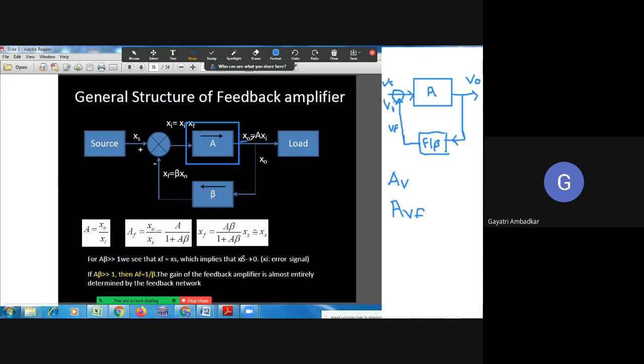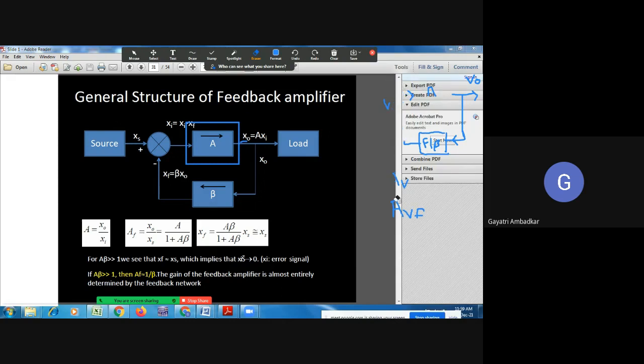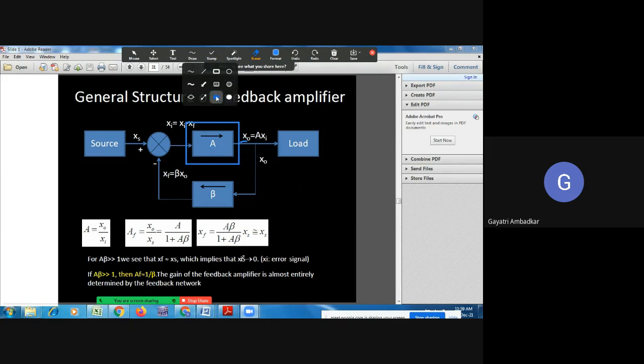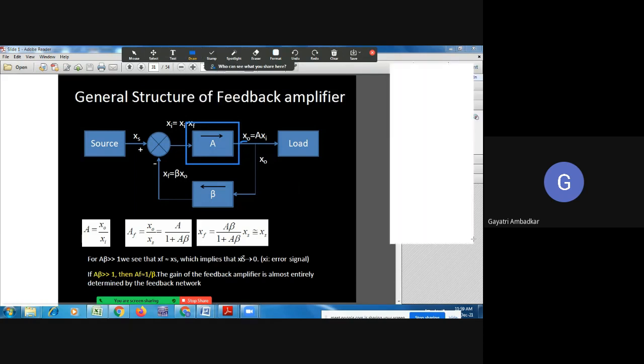Output signal as XO. Suppose the gain of the amplifier is A. Let's say that gain of amplifier is A.